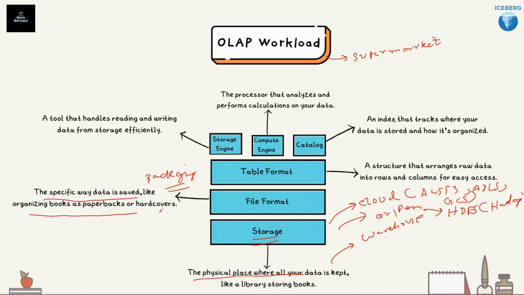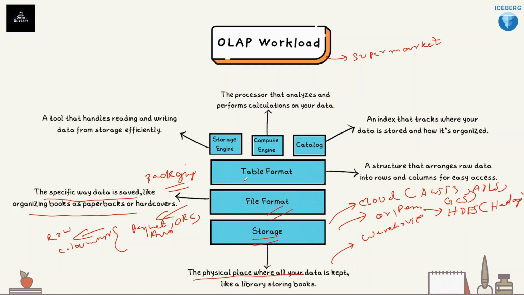Cans, cartons, bottles. Similarly, data is stored in multiple kinds of formats, like Parquet, ORC, Avro. Now, of course, these can be further classified into row and columnar file formats, but right now our focus is just to understand the architecture, right?